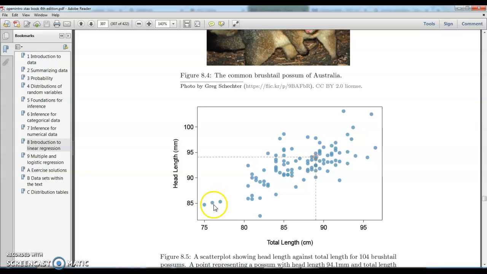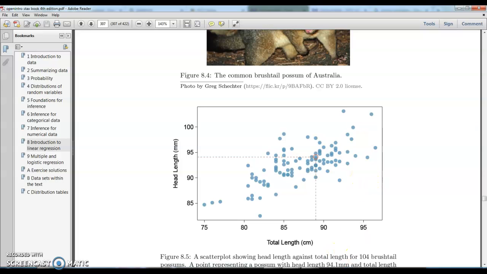But describing whether or not it's strong or weak when we don't have any numbers to go with it, which we don't at the moment, is kind of tricky. So I would say that I think it's relatively weak and positive just by looking at the graph. I'm picturing a line going here, and there's data spread all over the place. We can see that it's going up, but there are data points all over the graph.